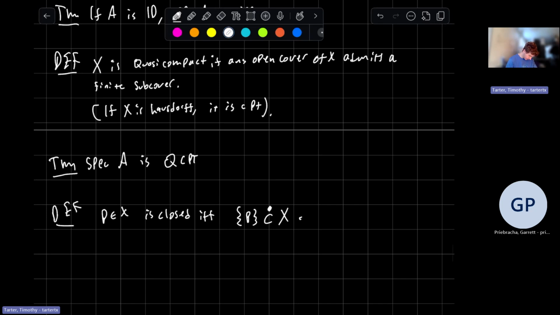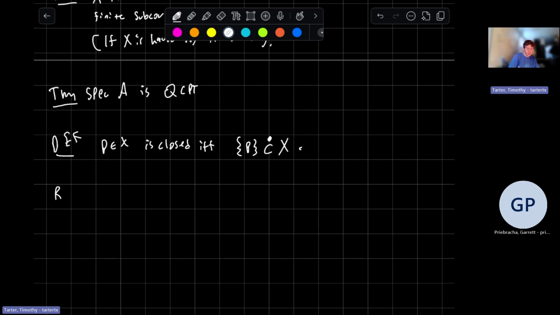Classical points are k^n intersect spec A. I'll add that as a remark.